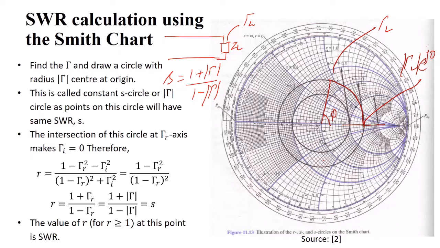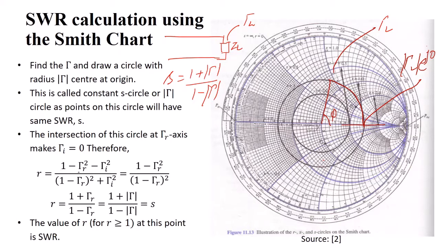So if you find the impedance from this reflection coefficient, the value of R will give you the impedance, and that same R will also give you the S here. When you have the intersection of the circle at gamma on this axis, the imaginary part will be zero.